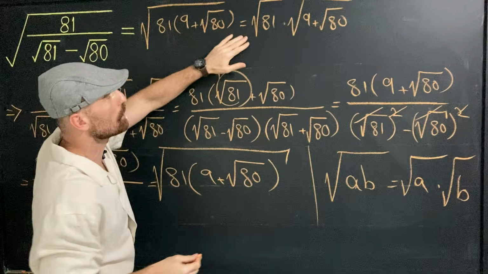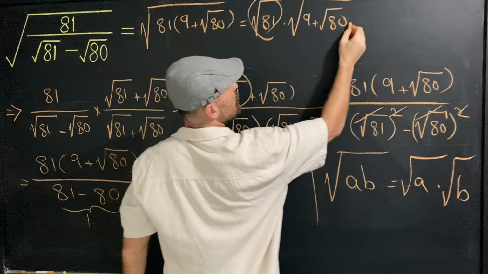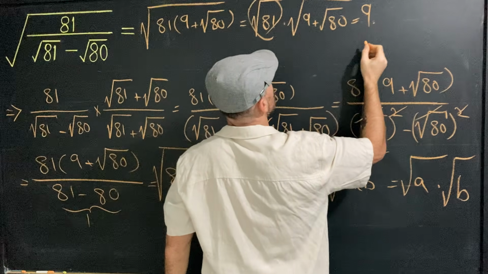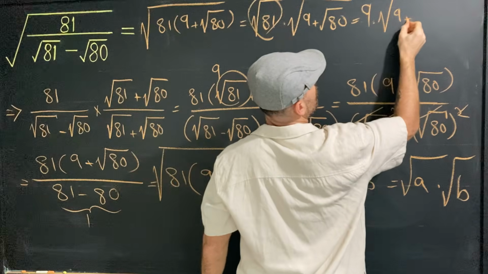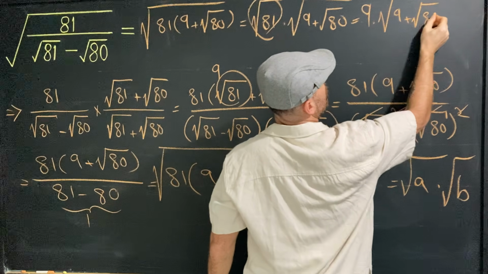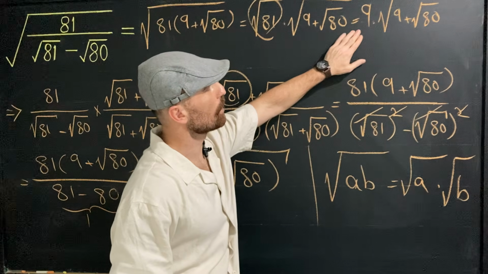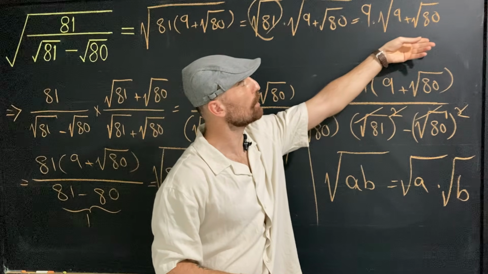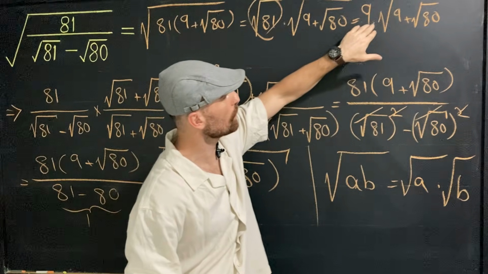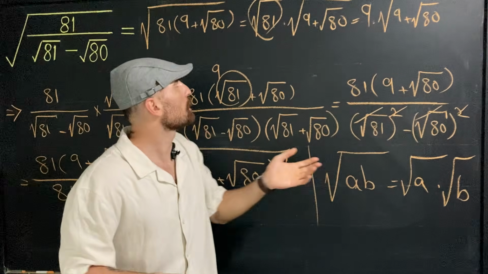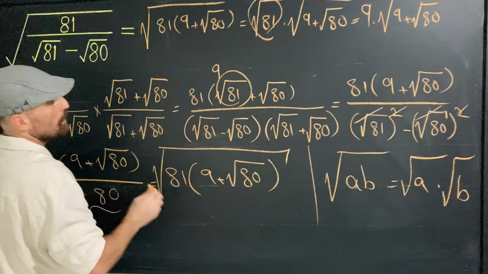What is second root of 81? All you know, this is 9. So 9 times second root of 9 plus second root of 80. So if we find out the value of second root of 9 plus second root of 80 and multiply this one by this 9, we can calculate the value of this expression.